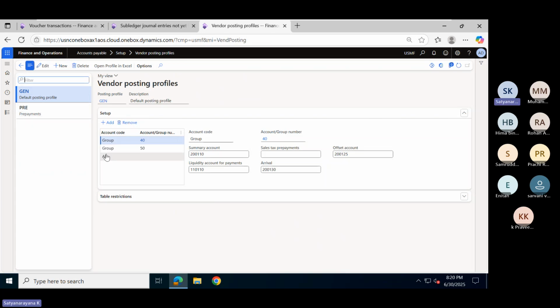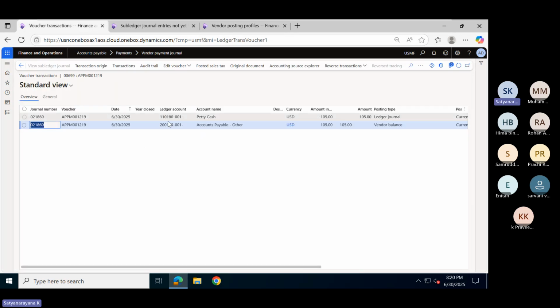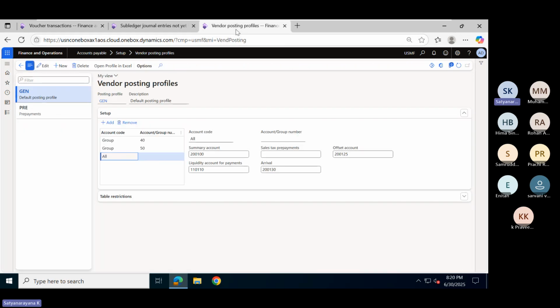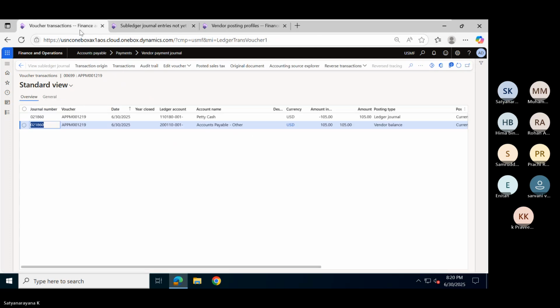Here it is: vendor summary account. From this one, it will come here. How is it coming? You will understand the concept of this vendor summary account slowly in the coming sessions.